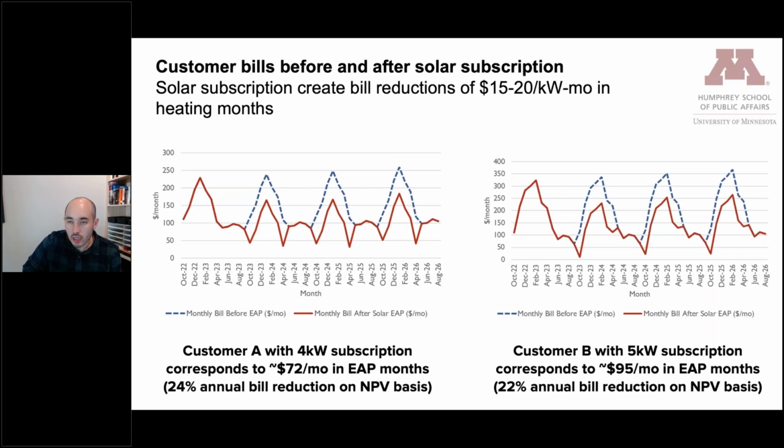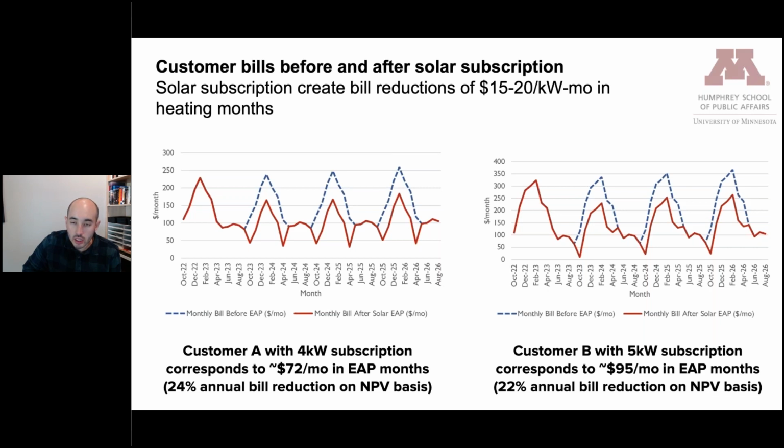So to help calibrate a little bit, as I'll talk about at the end, we're thinking of this as a potential model for the Solar for All program. And in Solar for All, there's a goal of 20% bill reductions. And so we try to calibrate in these figures here what it would look like to have at least 20% bill savings. So we've calibrated the subscription sizes with that goal in mind.